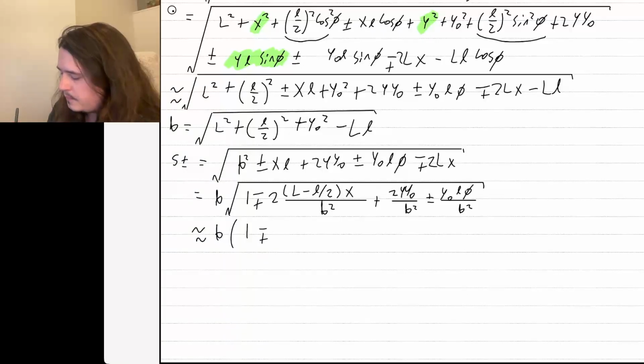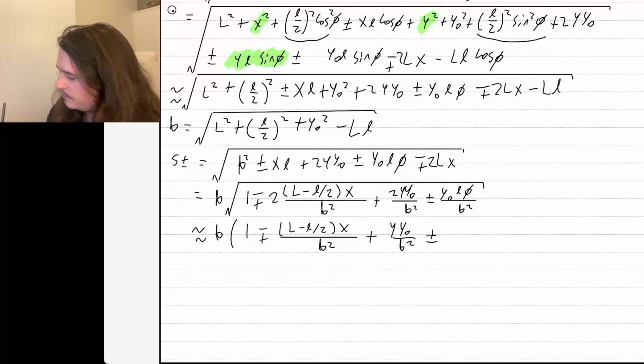Minus plus L minus L over 2x over b squared plus y naught over b squared plus or minus y naught L phi over 2b squared. Right? So that's what we got working with.